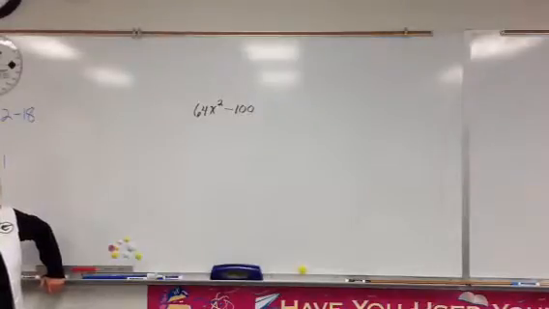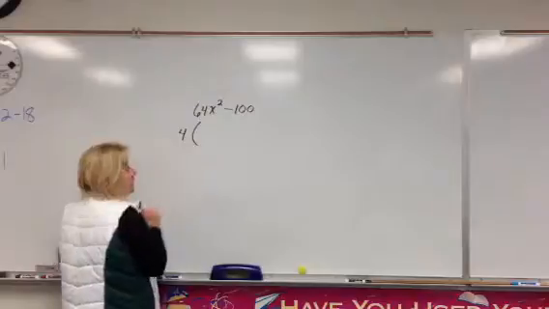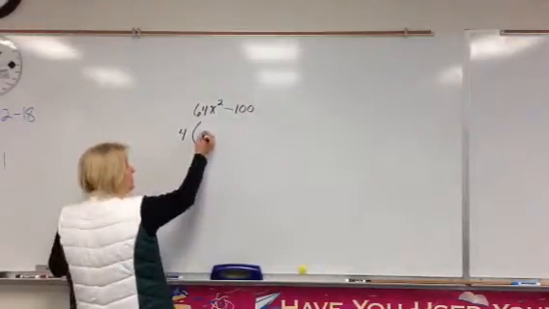What would you want me to do? They're both perfect squares, but do I want to jump right into taking square roots? No, you gotta figure out what goes into both of them. What's the biggest number that goes into both of them? 4. Okay. So 64 divided by 4. Is it 16?